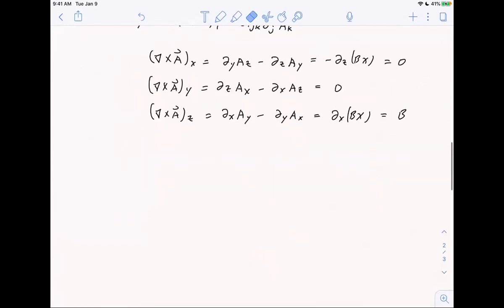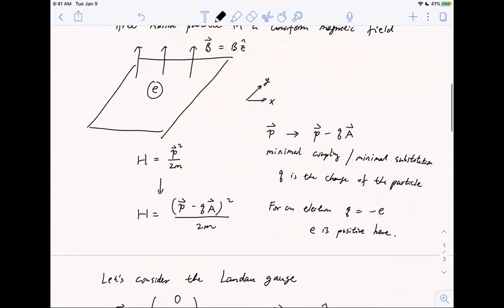Okay, so now let's get the Hamiltonian. The Hamiltonian is p squared over 2m, minus qA. Here we're using the SI unit.